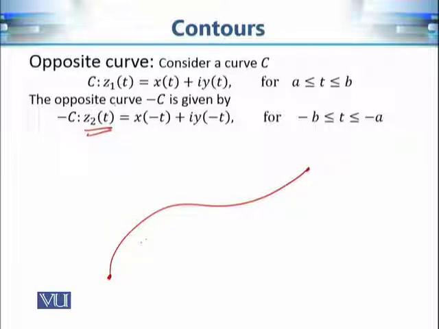Let's say this is c, and z1 of a is the initial point, and z1 of b is the final point, and you move in this direction.